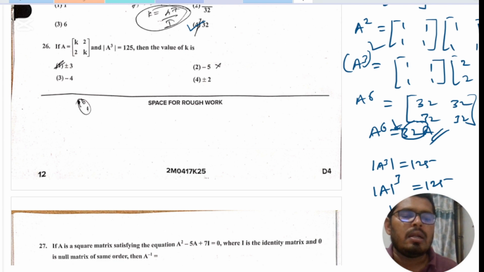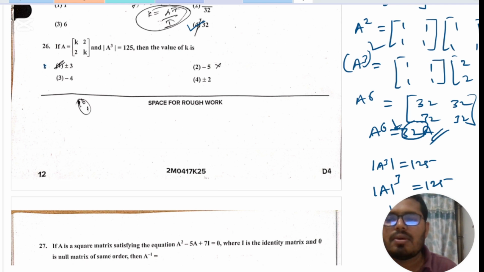This implies determinant of A is equal to the cube root of 125, which is 5. Then A is given, and its determinant is 5. Then determinant of A becomes k square minus 4 is equal to 5, k square is equal to 9, k is equal to plus or minus 3.